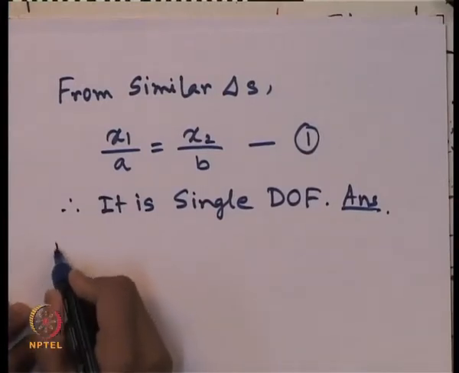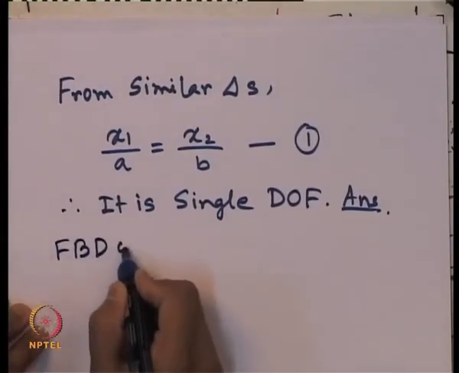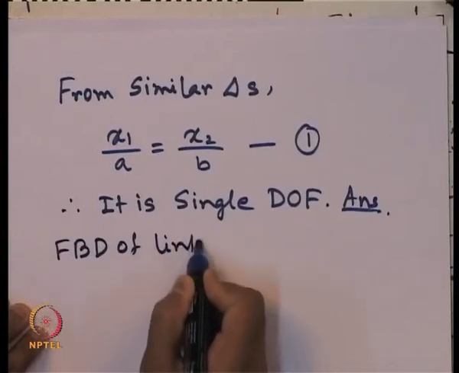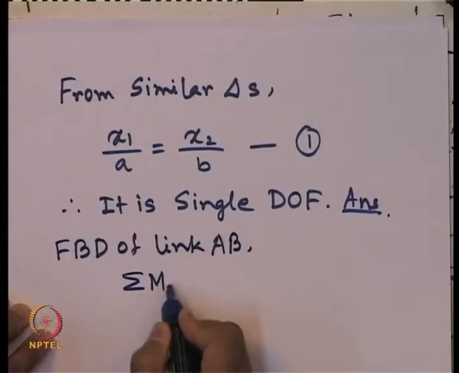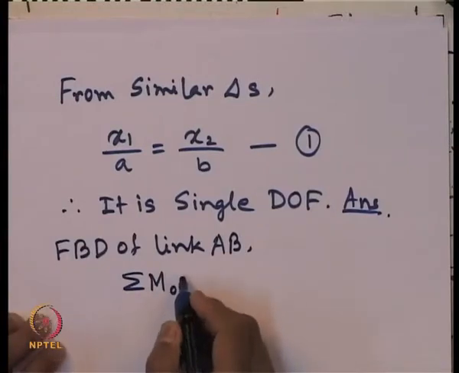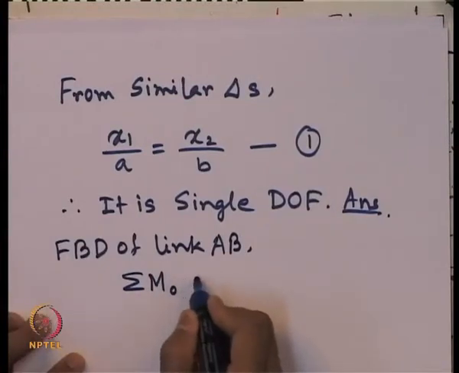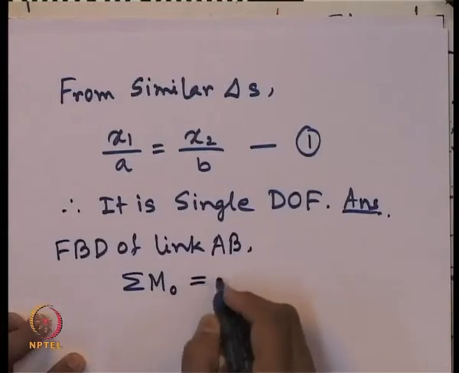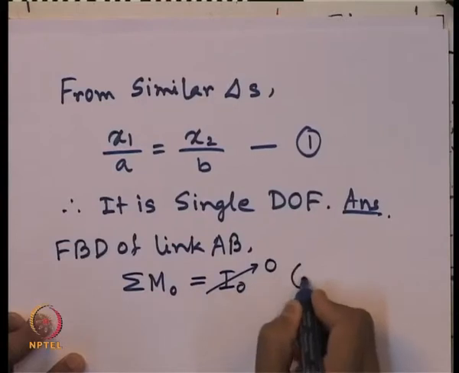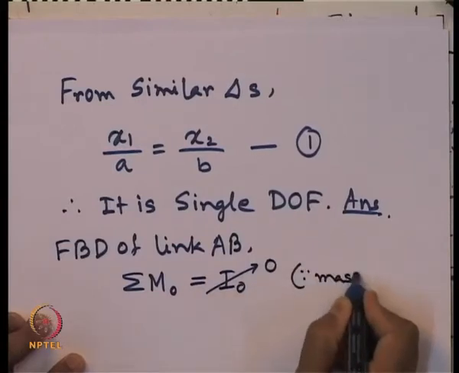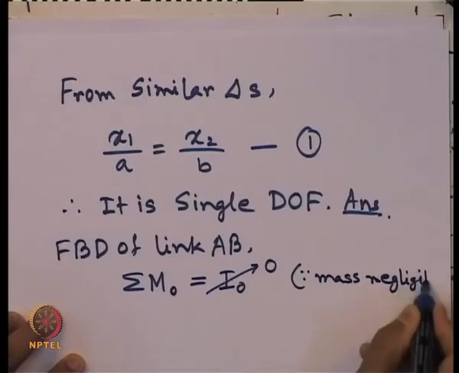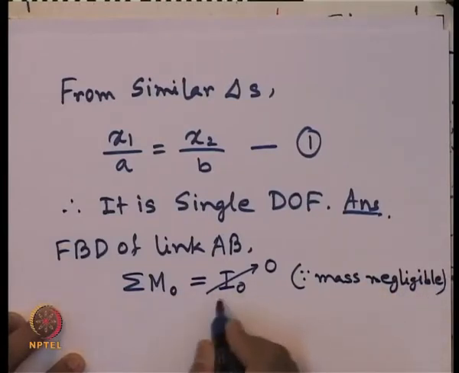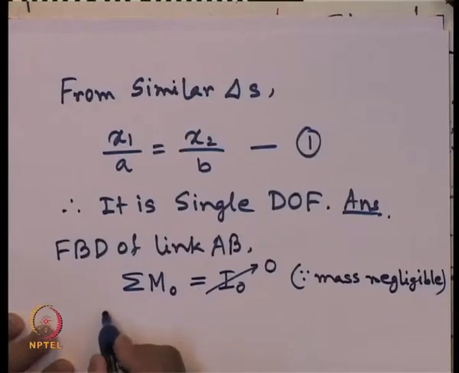Now, from the FBD of link AB, if we take the sum of moments about that hinge point equal to I naught, which is 0, because the mass of that link is negligible. Otherwise, some inertia component will come.